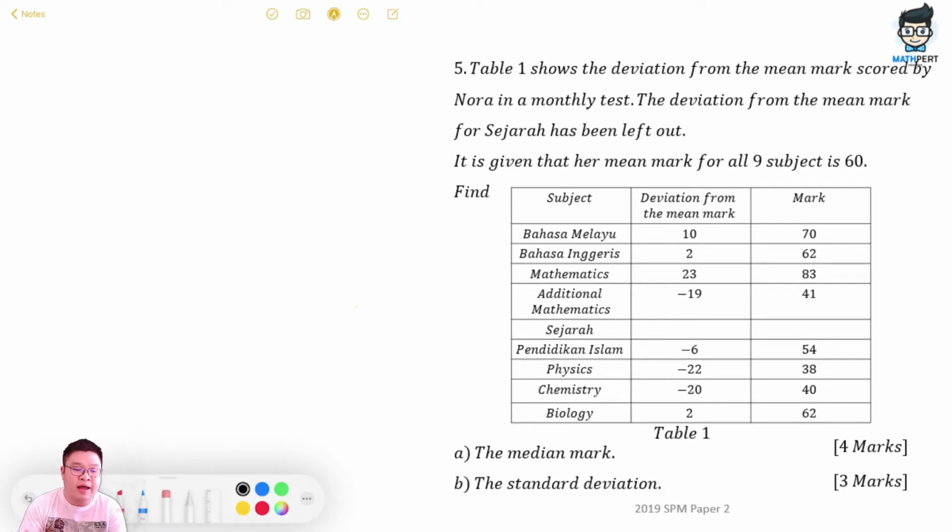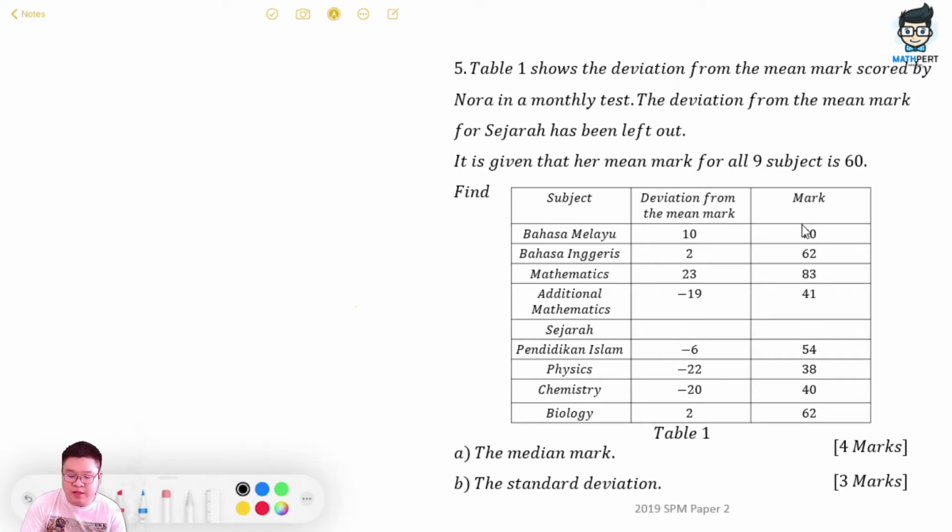So can we find out the mark for Sejarah from all the information given by the question? We are given the mean mark is 60, meaning the average mark for all the 9 subjects is 60.